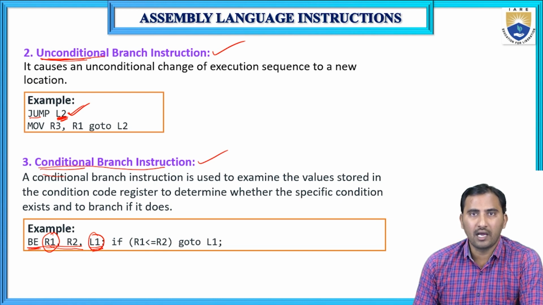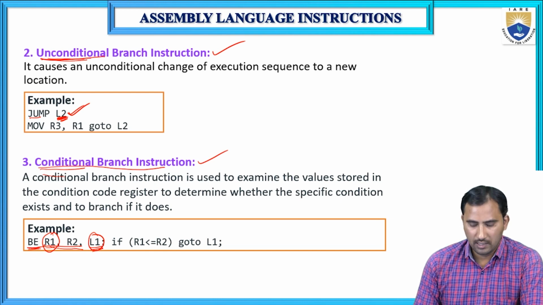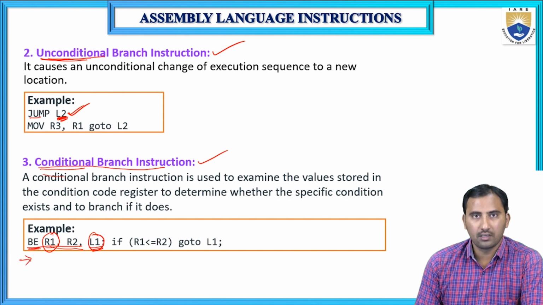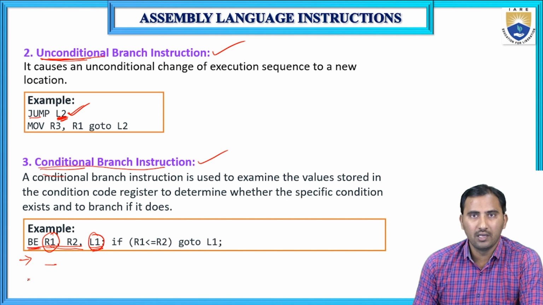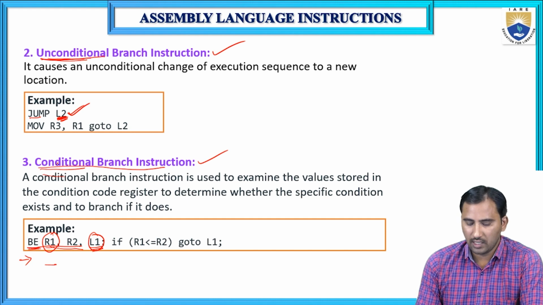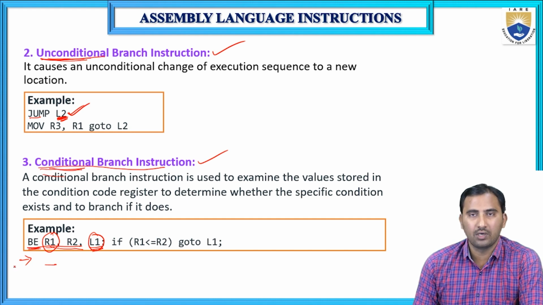If the condition is not satisfied, then the instruction in the next memory location will be executed instead of going to a new address. So these are the conditional branches. Conditional branch means the program control will be transferred only if the condition is satisfied.